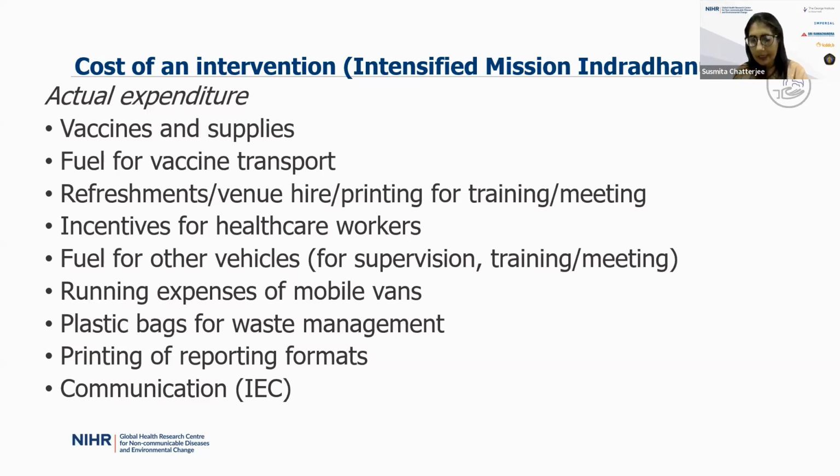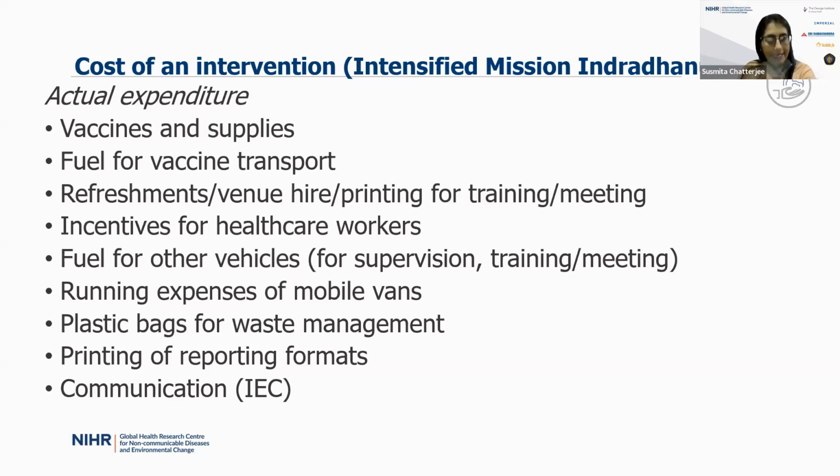Similarly for any intervention you are doing under your project, you can get those from your financial reports, because there will be a financial report. The financial report will definitely have all the activities for which the payments were made. Definitely those have those entries. So I would say this is relatively easy because this should be there.